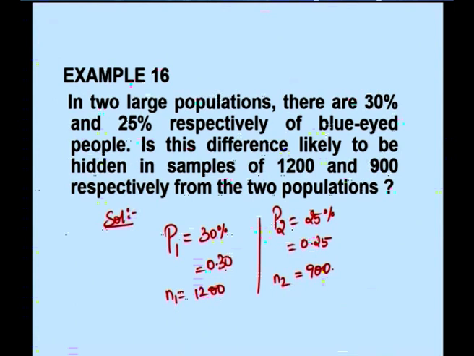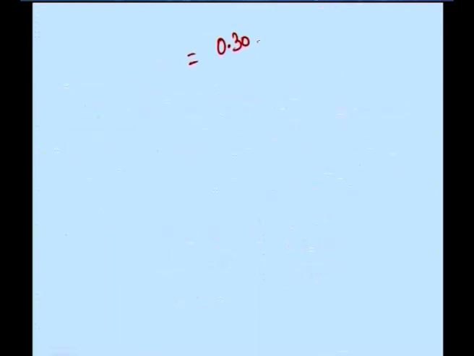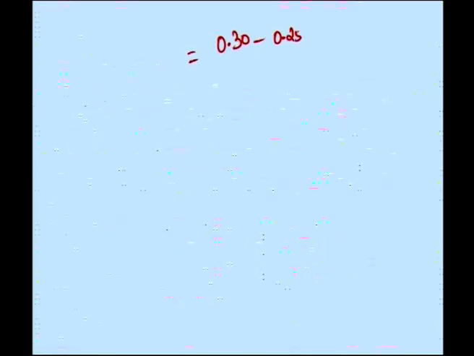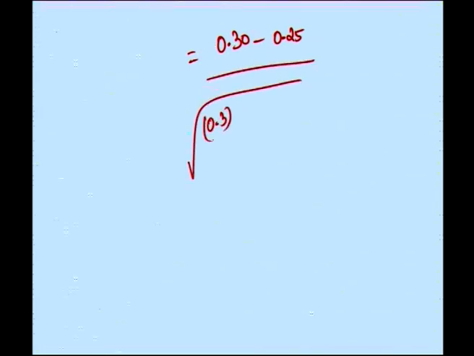So, 0.30 minus 0.25 divided by root of 0.3 into Q1 is 0.7 divided by what is N1?